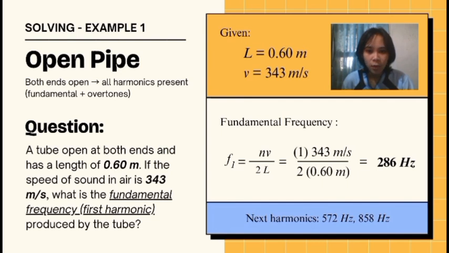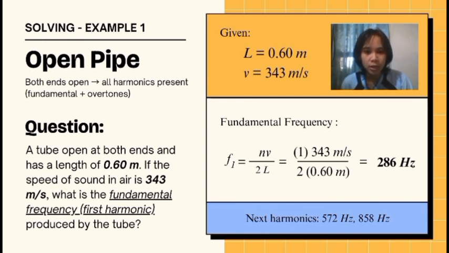Since we're finding the fundamental frequency or the first harmonic of the problem, we are going to use this formula. The fundamental frequency is equal to the harmonic number multiplied by V, the speed of sound, divided by 2 times the length of the pipe.